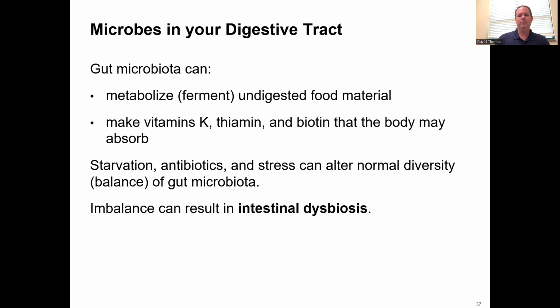Even stress sometimes affects our levels of the healthy good bacteria in our body. Any imbalance associated with those natural good bacteria is called intestinal dysbiosis. There's just an imbalance there.